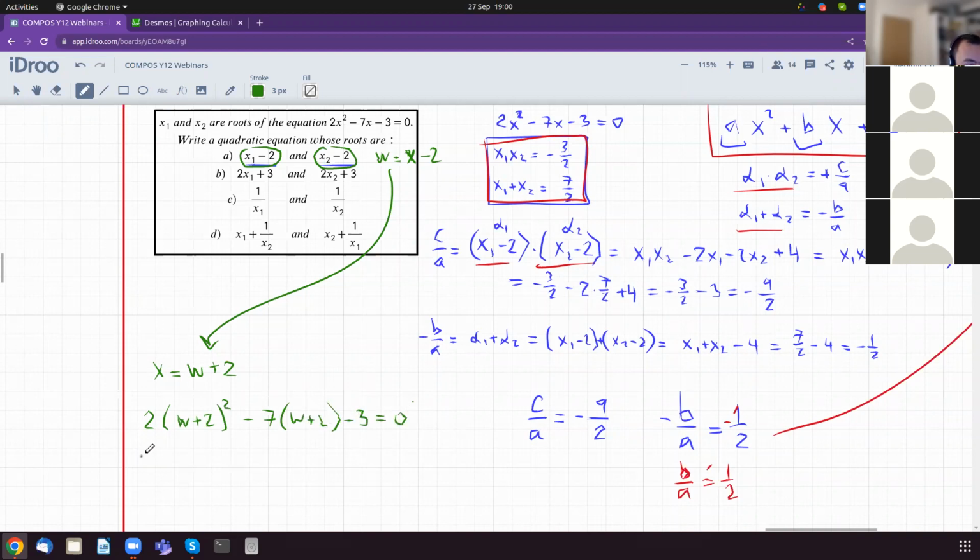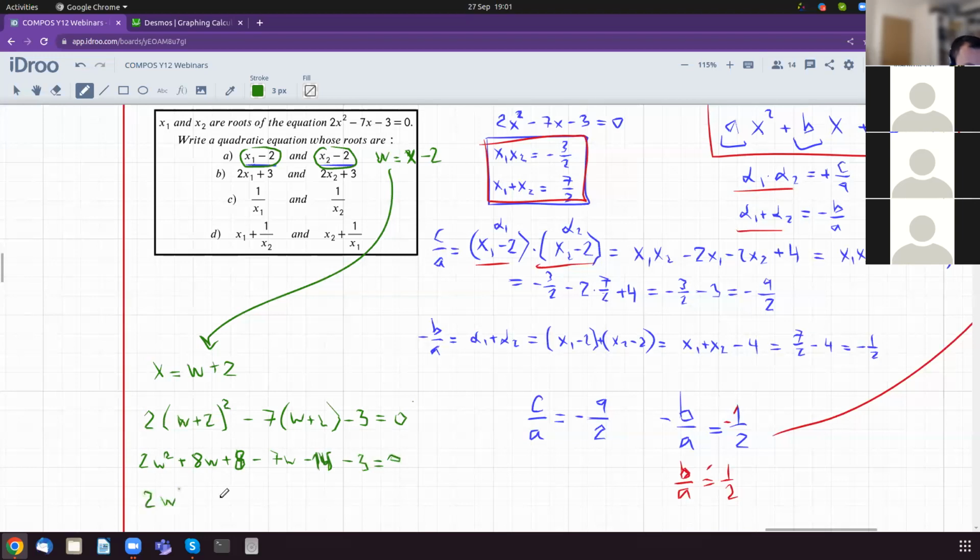We expand this to 2W squared plus 8W plus 8, minus 7W minus 14, minus 3 equals 0.